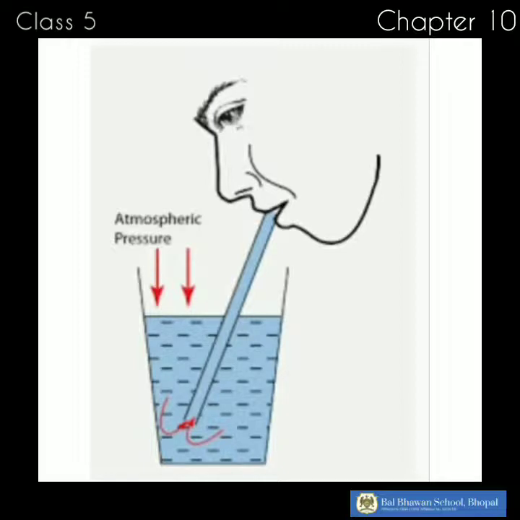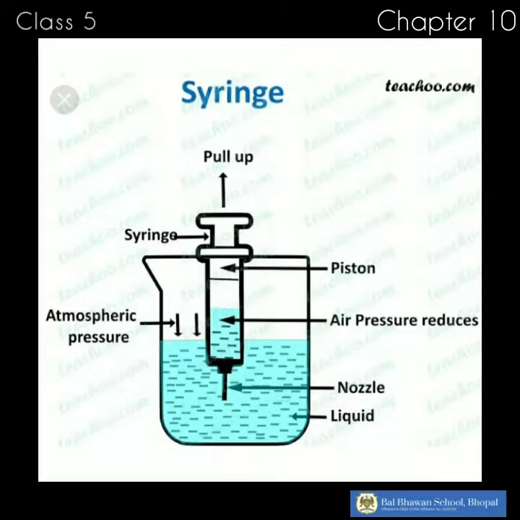So it moves from higher pressure to lower pressure, and that's why the liquid travels from the container into our mouth. This is the daily life use of atmospheric pressure. Very important.